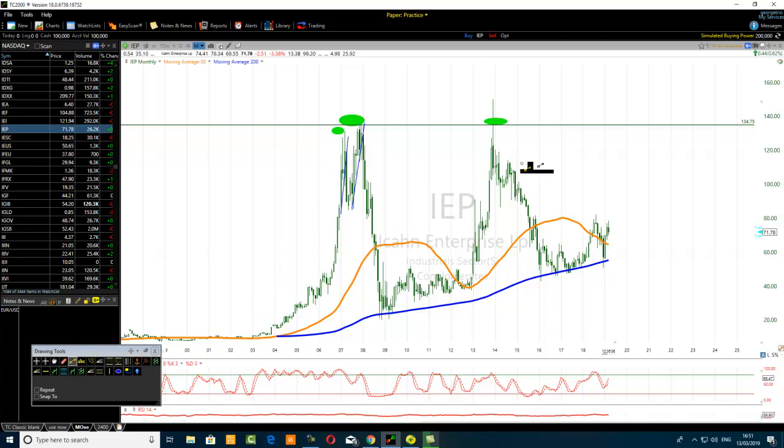Again, as you are here, if you consider this top and that one as a double top, or if you consider those two as a double top, we can't talk about a double top until this common center line is broken.